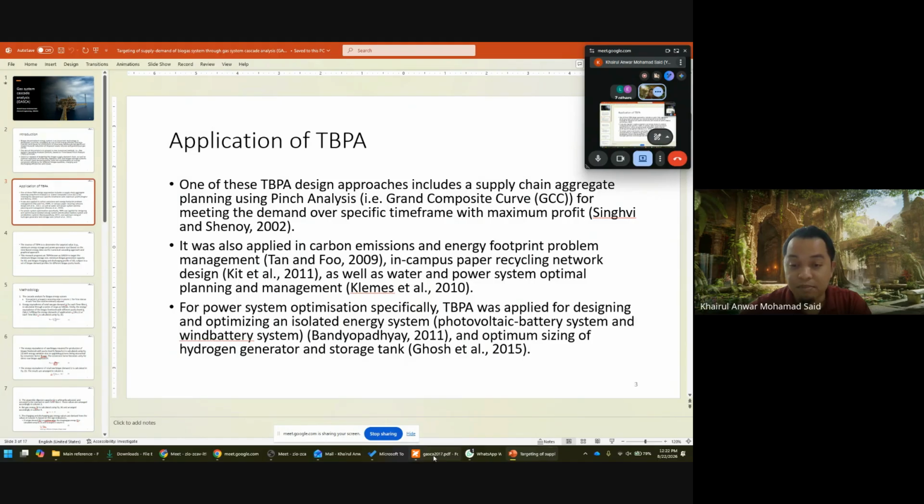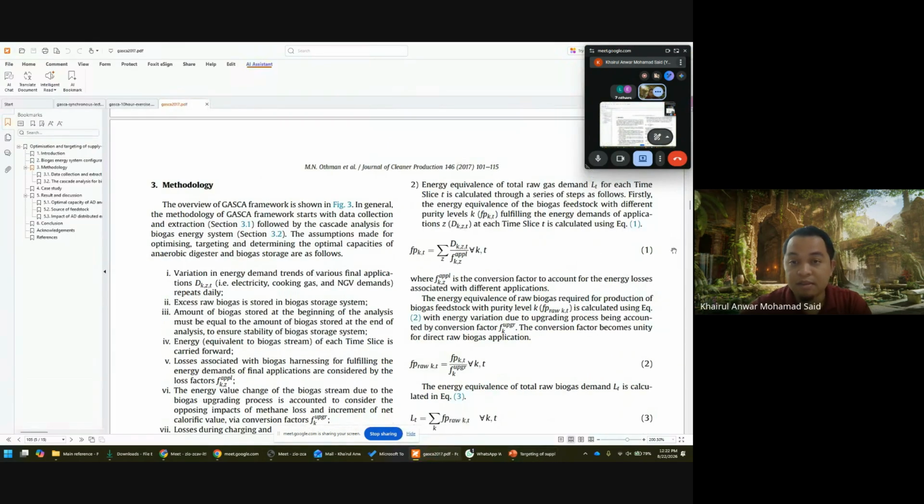We start with the energy equivalent of total raw gas demand LT for each time slice T, in a series of steps as follows.